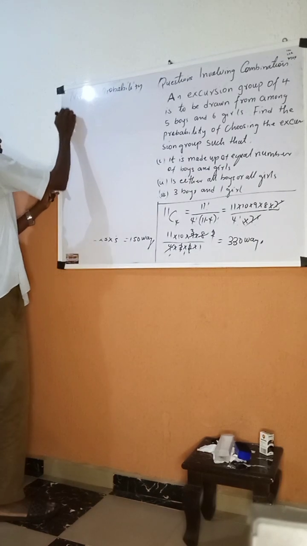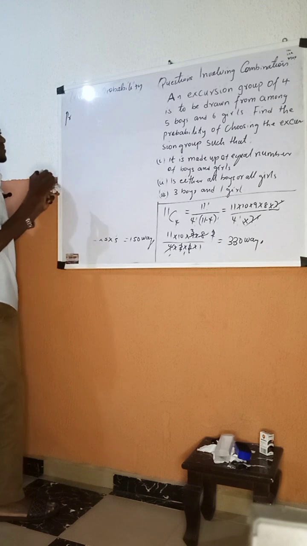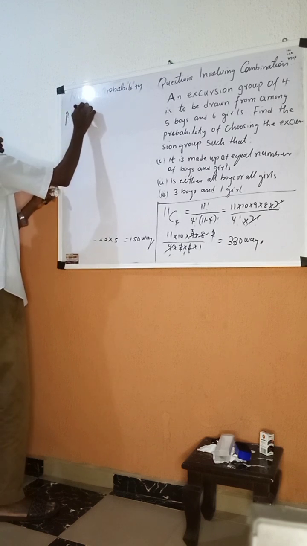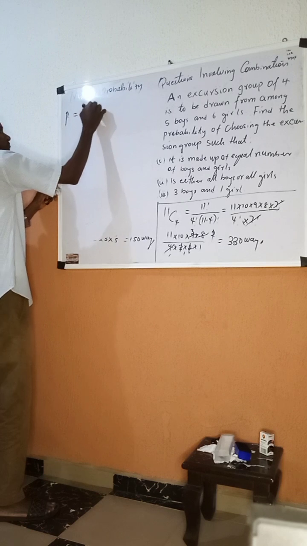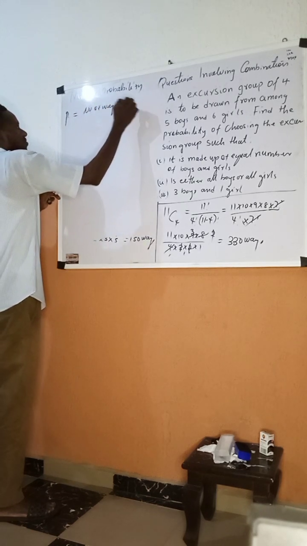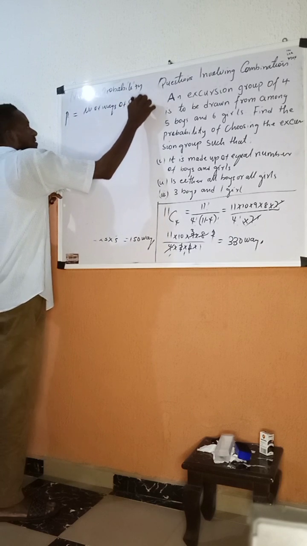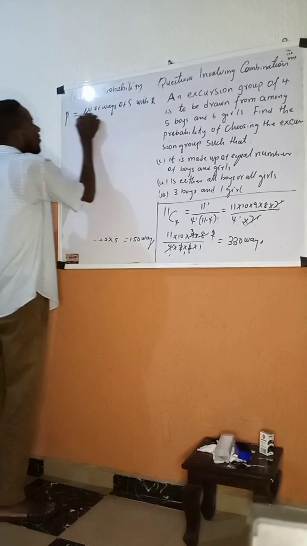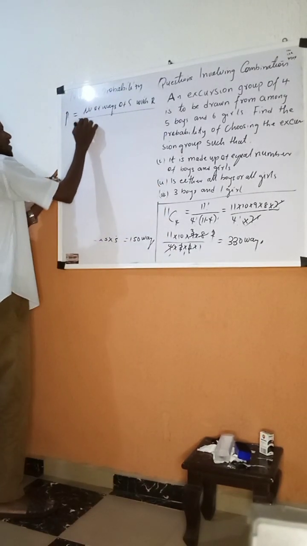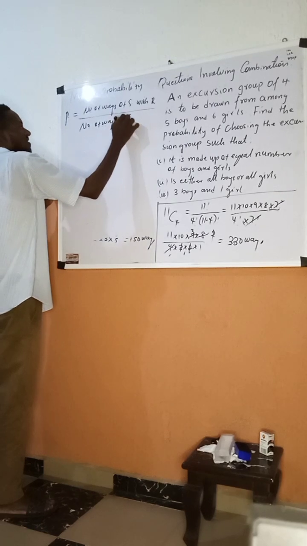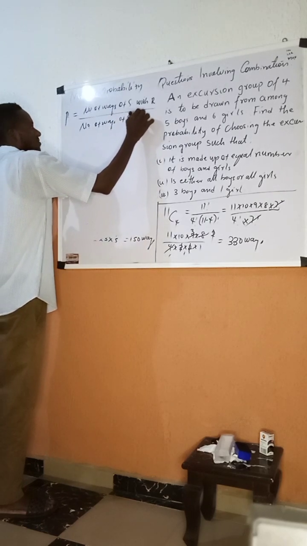Let me write it as P equals number of ways of selection with restriction all over number of ways of selection without restriction.